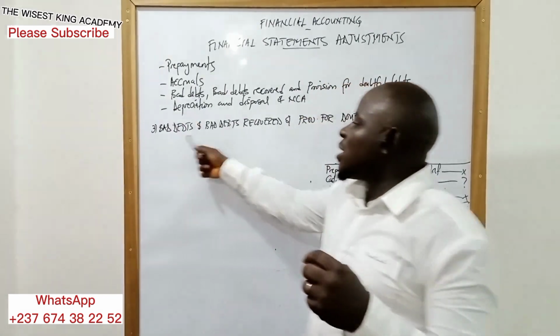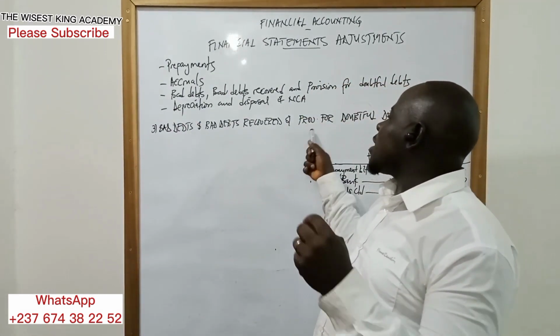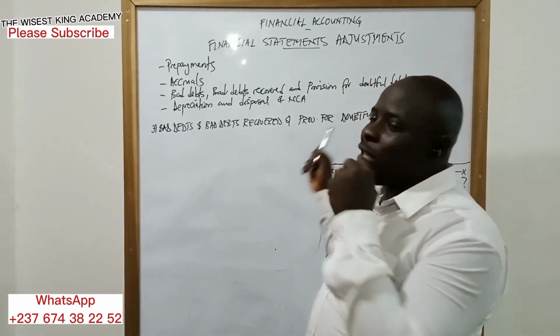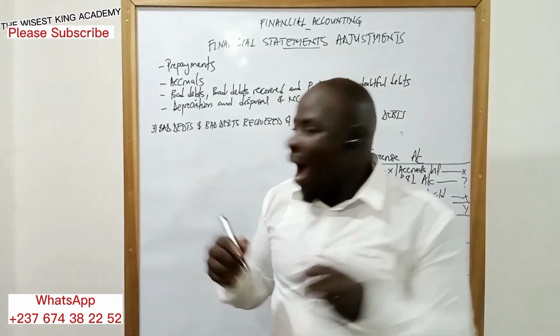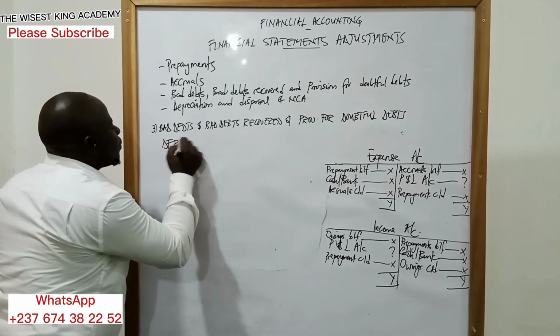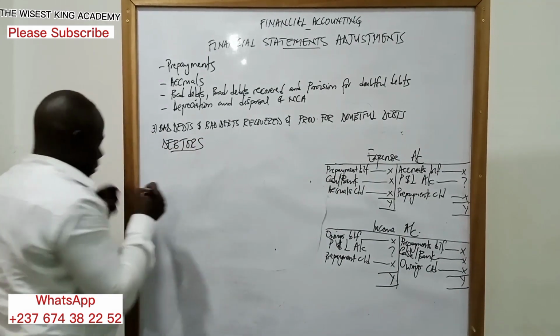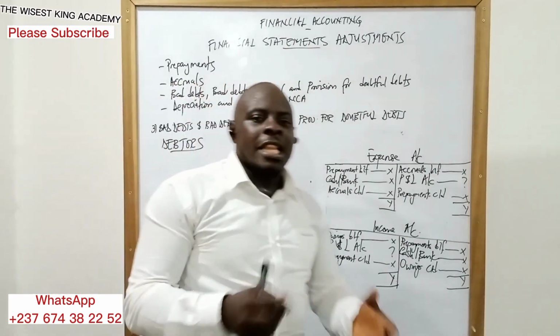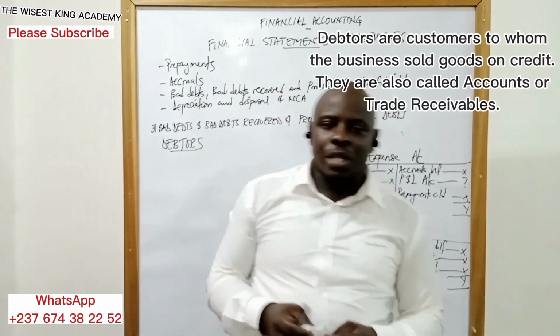all of these things we see here, bad debts recovered, provision for doubtful debt, they occur as a consequence of debtors in the business. Debtors, account receivables, or trade receivables.